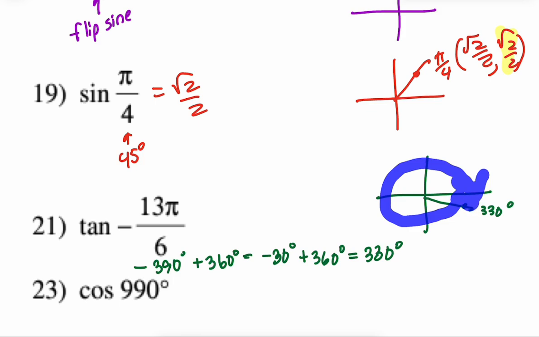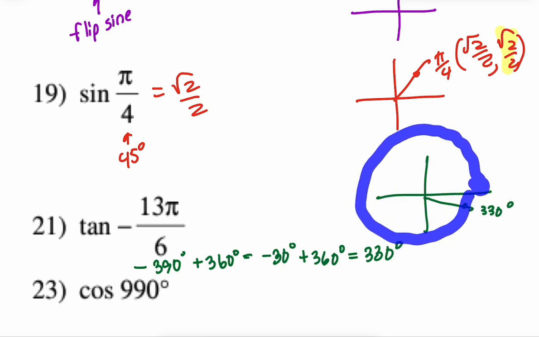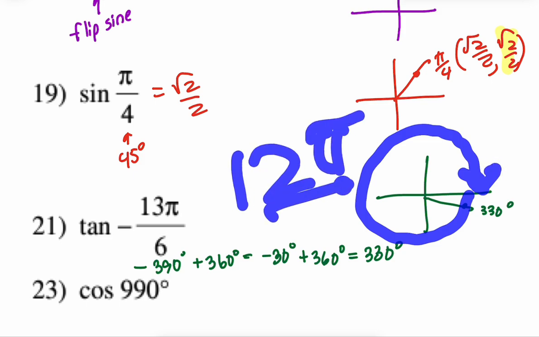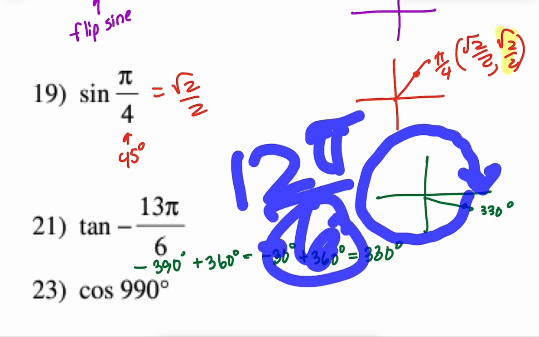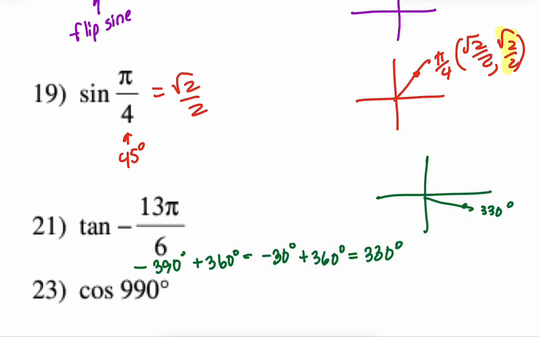So that would be 13 if I counted them all the way around backwards. 12 pi over 6 is 2 pi, so it gets me all the way around. And then the last extra one is why I get to here.